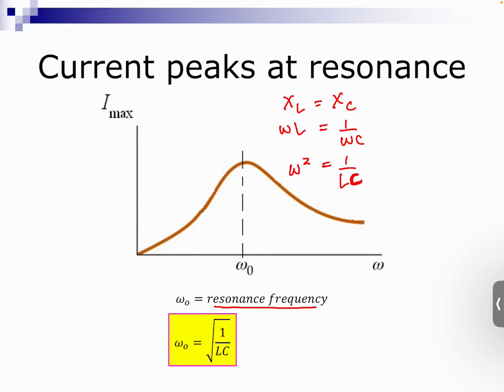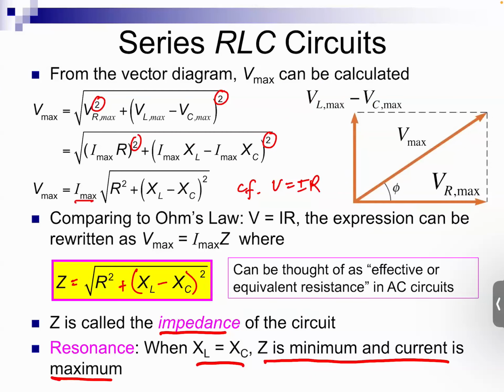All right. Okay, so key takeaways. We did a lot of derivation, but the key takeaways: if you have a series RLC circuit, you can use this equation here to find the maximum current given the maximum voltage. Of course, this is the effective resistance.